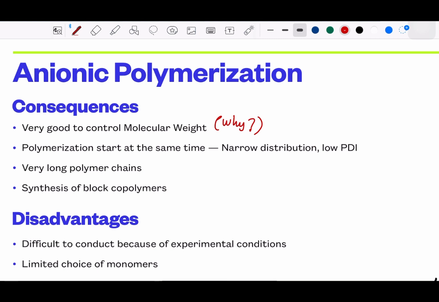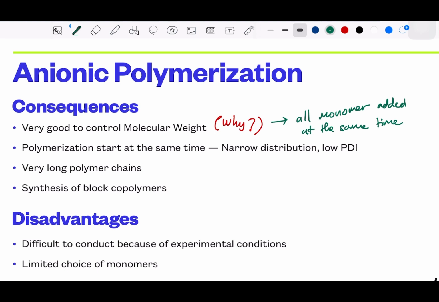If we have a good choice of monomers, we first make sure that it has the ionic property, and then it will polymerize by itself. So no need to worry about everything. So you can say all monomer added at the same time, it's easy to control the molecular weight, right? Because we just put everything together.